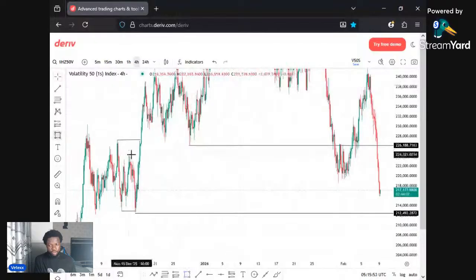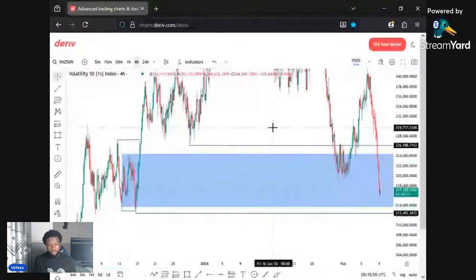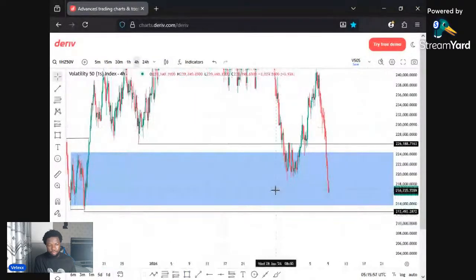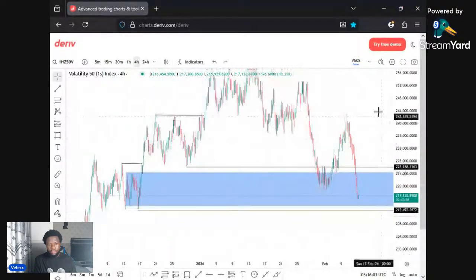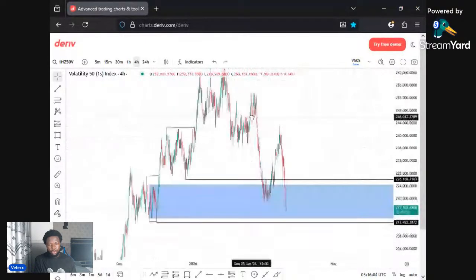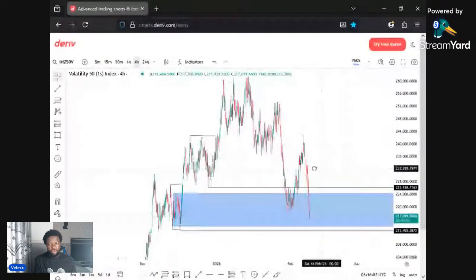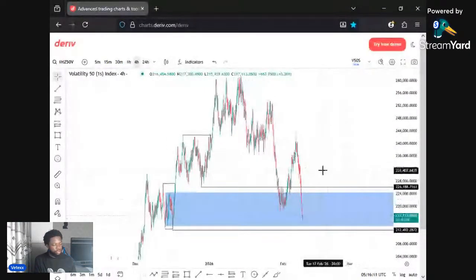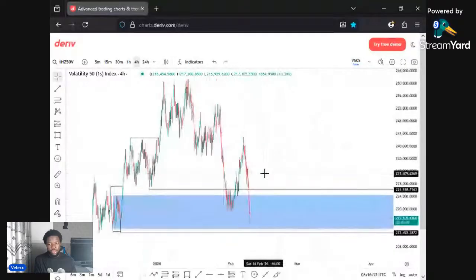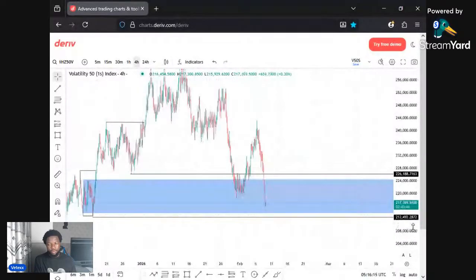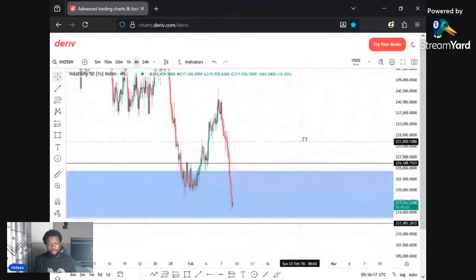Point of interest. So now that price is in this point of interest, what do we anticipate? Anticipate price to give us a continuation move to the opposite direction. So this is what we're anticipating on V51S.